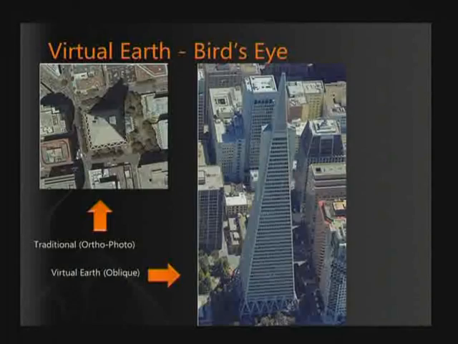And the reason for that is, number one, really that we have this unique type of images. Before, you see here an ortho image of the Transamerica building. And if you see that same building at an oblique angle, you see how much more information you can get out of it.